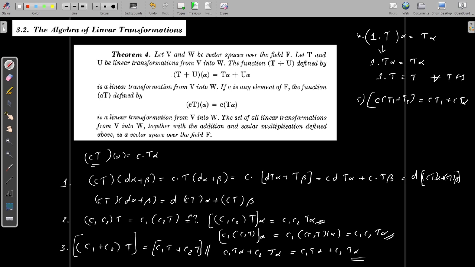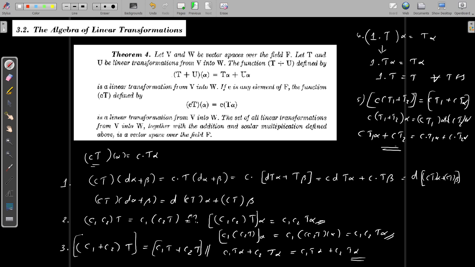Then this at alpha will give C times T1 plus T2 of alpha, and the other side at alpha is C times T1 of alpha plus C times T2 of alpha. Then you can write this as C times T1 alpha plus T2 alpha, that is C times T1 alpha plus C times T2 alpha. Similarly, this will be C times T1 alpha plus C times T2 alpha.